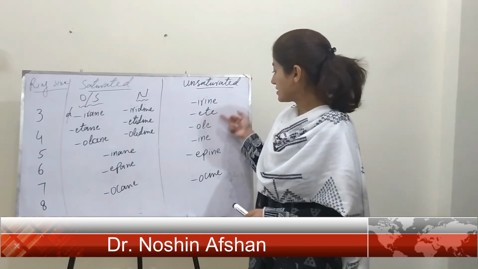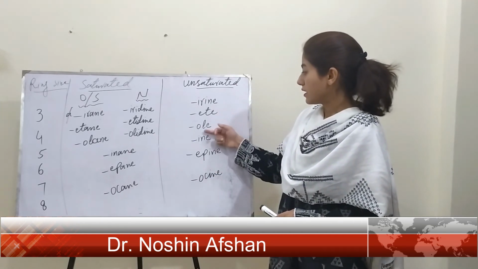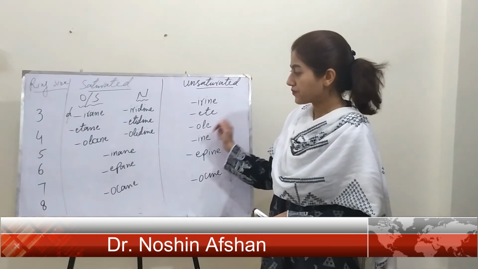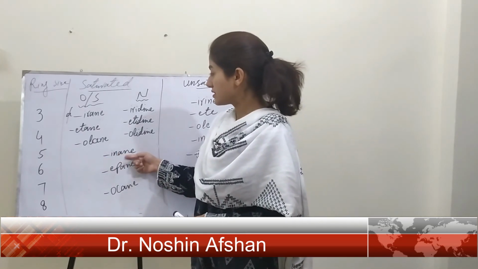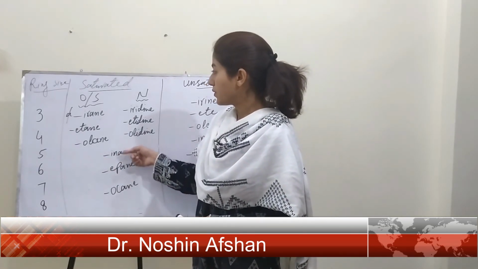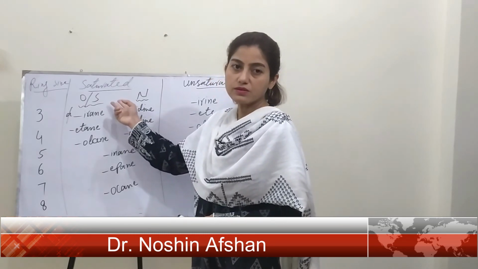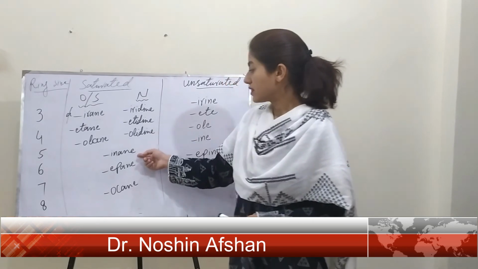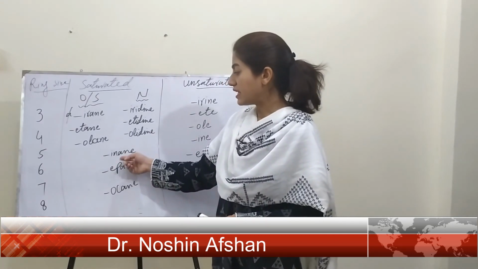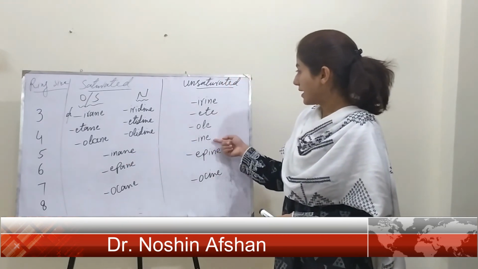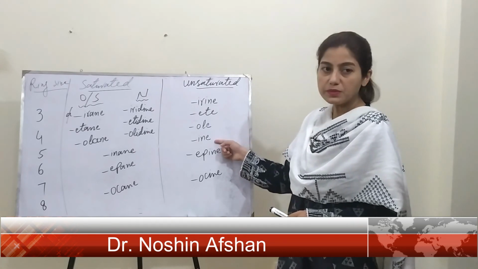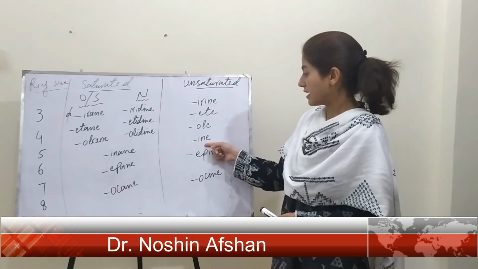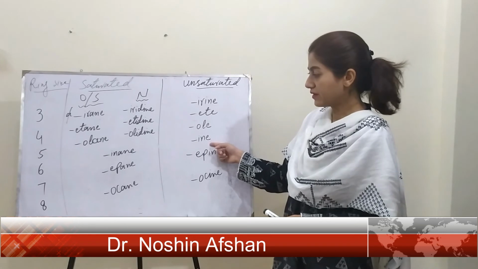But in the case of an unsaturated system, it would end as ole. In the case of a 6-membered saturated system, in any case, either with oxygen, sulfur or nitrogen, the name ends in inane. And for an unsaturated 6-membered heterocycle, it would end as ine, I-N-E.